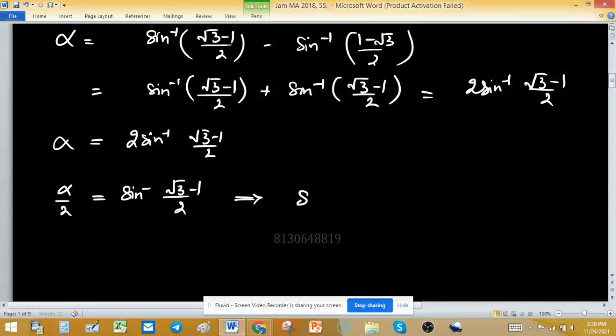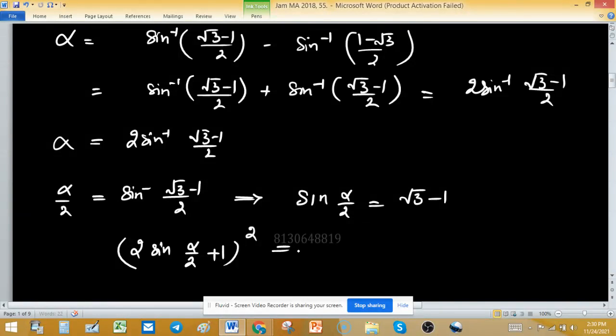This implies that sin alpha by 2 equals (root 3 minus 1) by 2. So we have to evaluate (2 sin alpha by 2 plus 1) whole square.